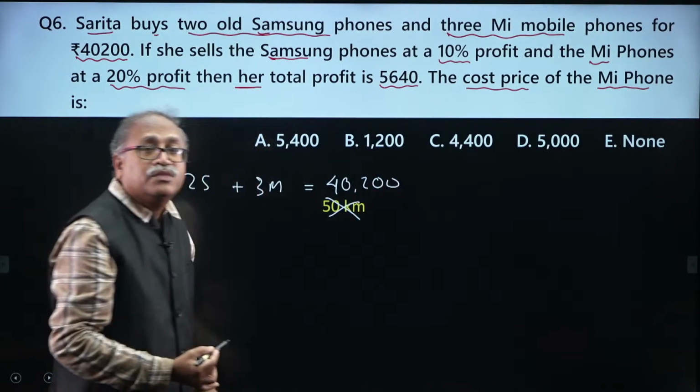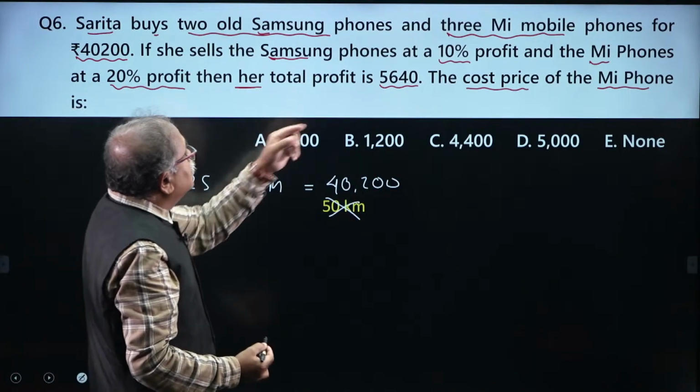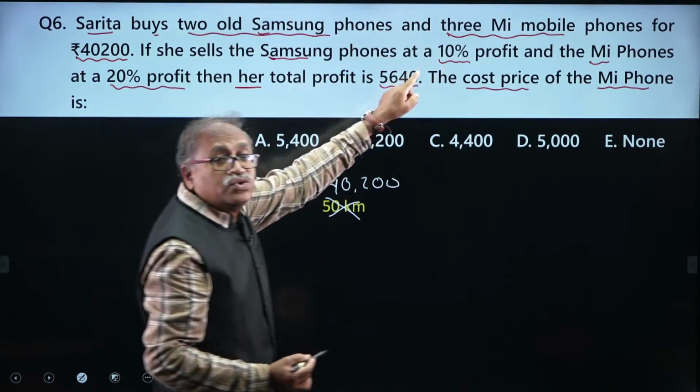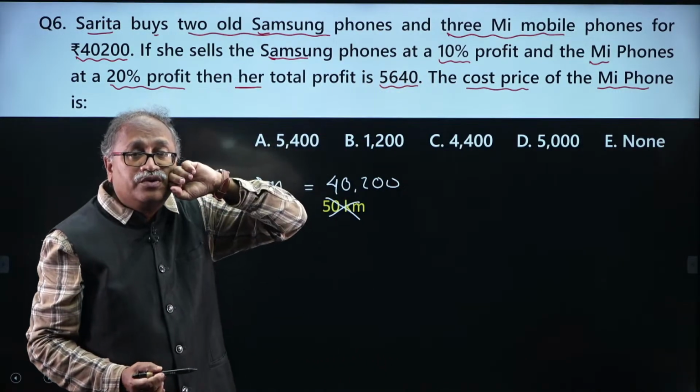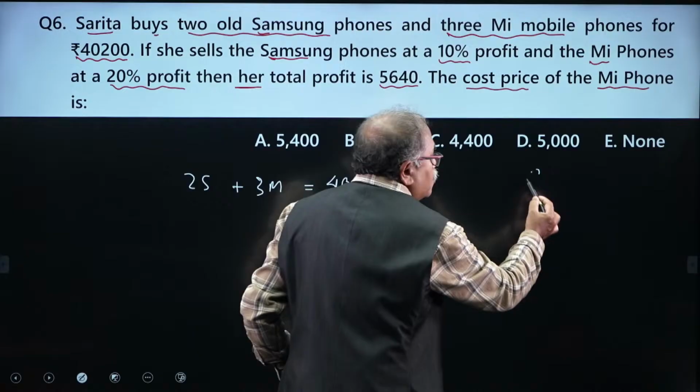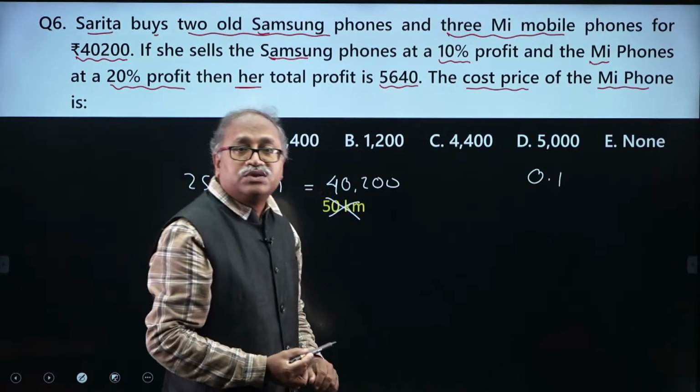And it is said that the Samsung phones were sold at 10% profit. So, that means 0.1, 10% is 0.1.